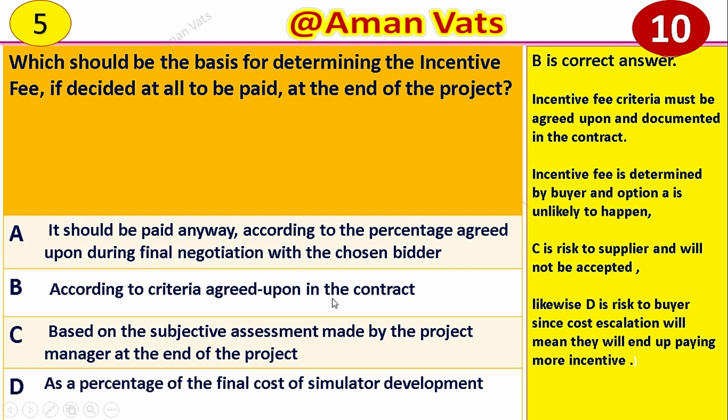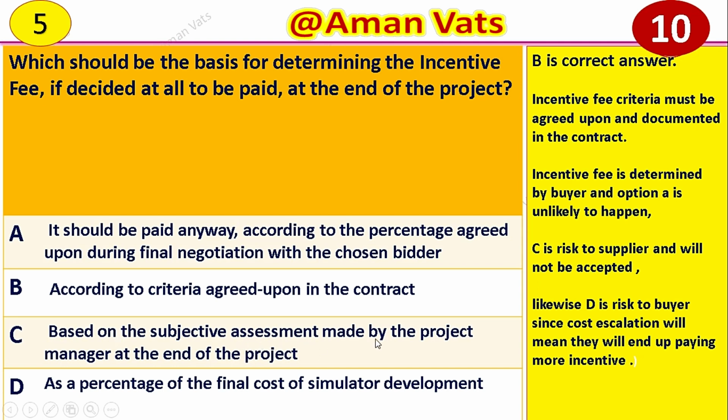So let us remove A. It should be paid according to a percentage agreed upon during final negotiation with the chosen bidder. Then C is a risk for the supplier and will not be accepted according to the criteria agreed upon in the contract. Likewise, D is a risk for the buyer. So your answer remains B.